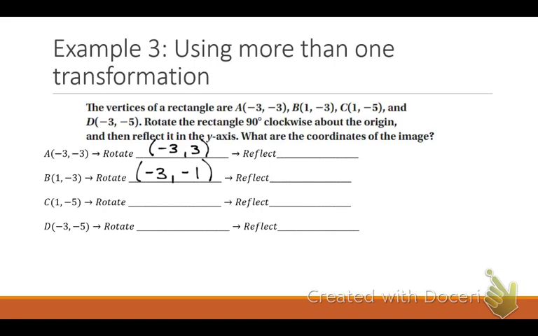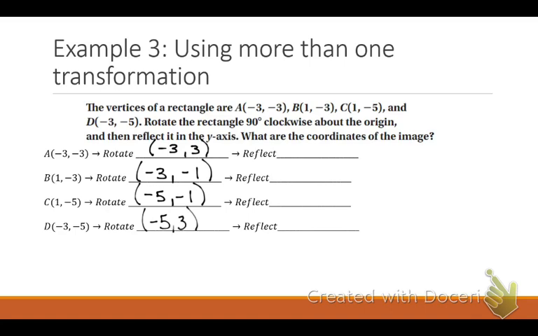What about C? Does anybody have point C? Isaiah? 1, -5. No, not for point C. No, the new ordered pair. Oh. -5, -1. Kennedy, do you have the last ordered pair? Yes. -5, 3. Okay, flip them and do the opposite of X.